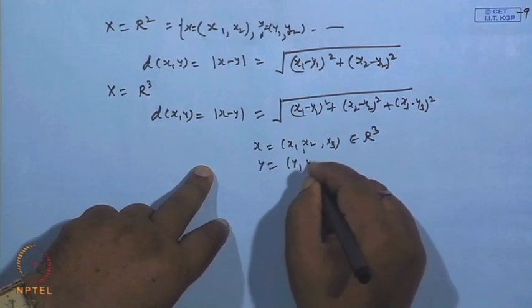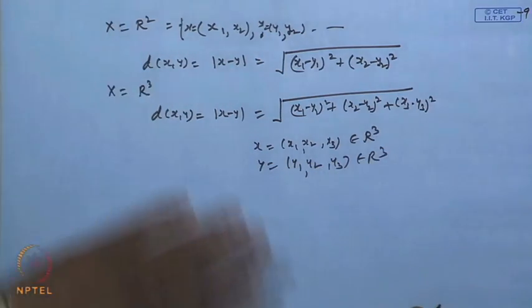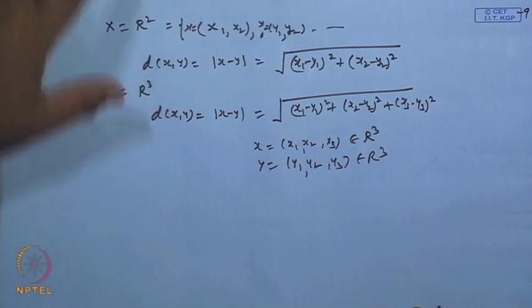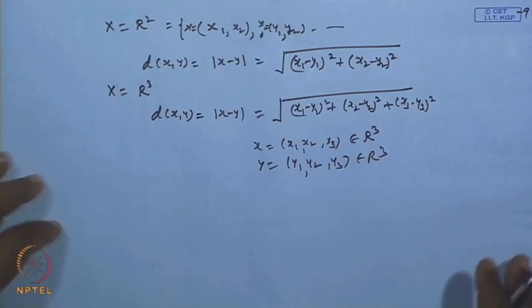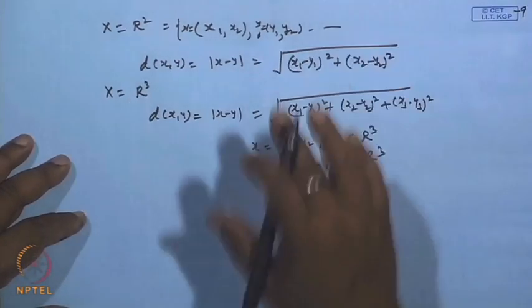It can be shown that these d's satisfy the conditions of a metric. We are not going into detail; it is part of functional analysis, so it will be discussed there.